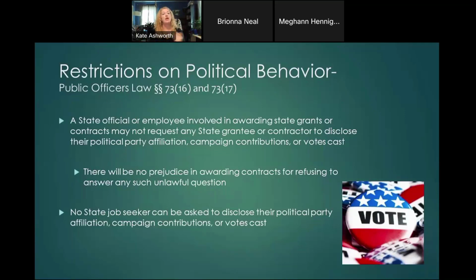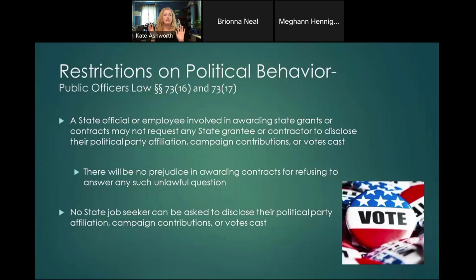So in Public Officers Law 73, there's two provisions, 16 and 17, that say that we can't, as a state employee, be involved in awarding any grants or contracts linked to any kind of political coercion. So we can't ask that contractor to disclose their political party affiliation or who they voted for or who they contributed to.